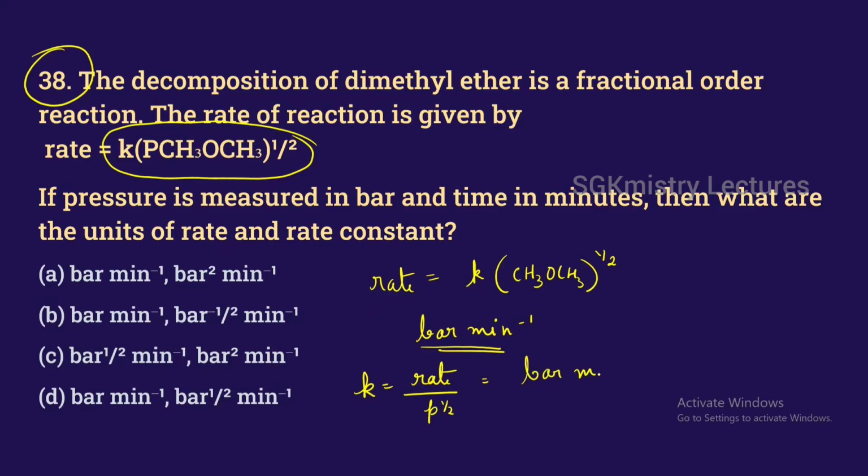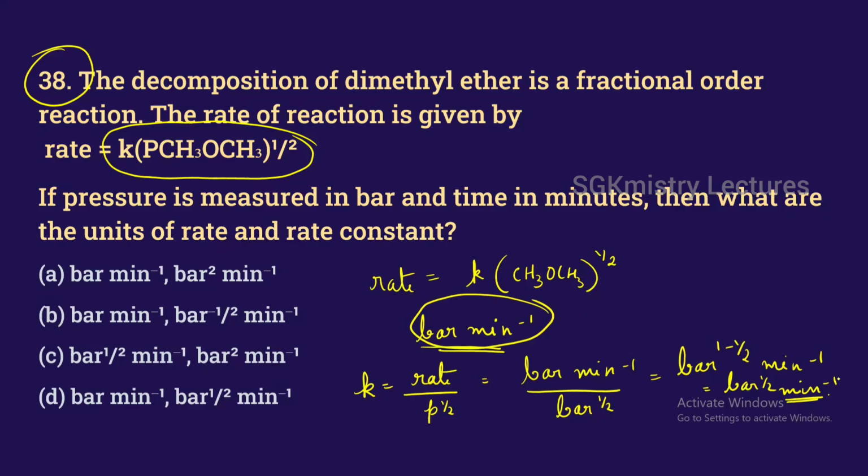Bar per minute is the unit of the rate, and P is pressure, so bar to the power of half. So bar to the power of 1 minus half, which is half, and minute inverse. So the unit of the rate constant is bar to the power of half into minute inverse. Now you can see here for rate we have bar per minute, correct? So instead of concentration, we are taking the pressure since it is given in pressure.